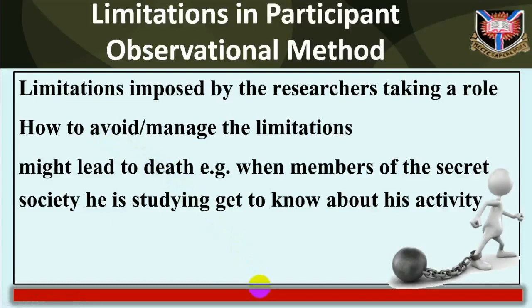Familiarity may lead him to take certain things for granted. He may lose his sensitivity to the possibility of latent patterns and may adopt the attitudes and stereotypes of his informants, or at times he may jump to conclusions.